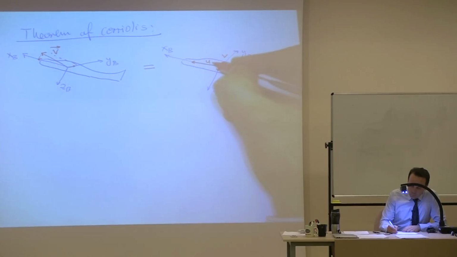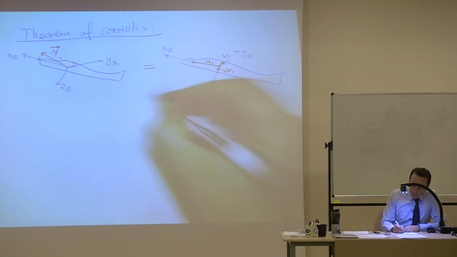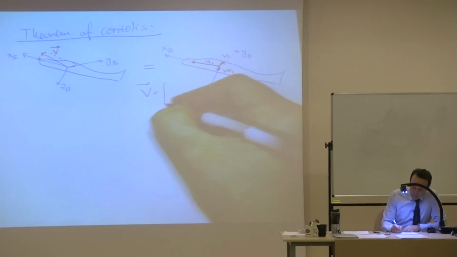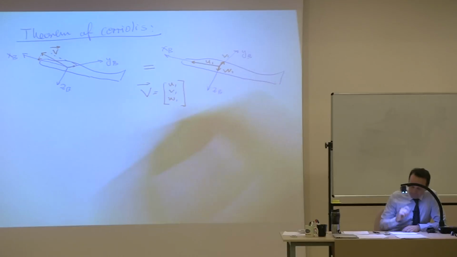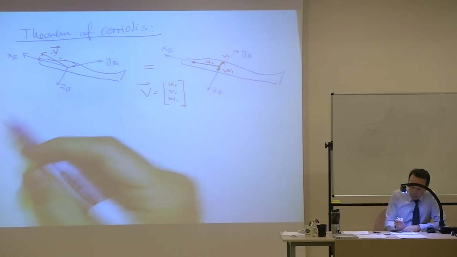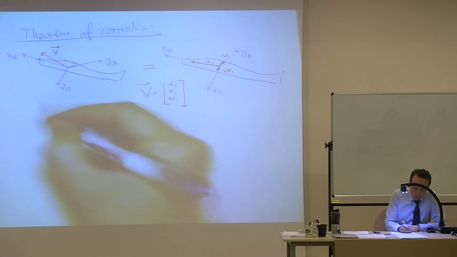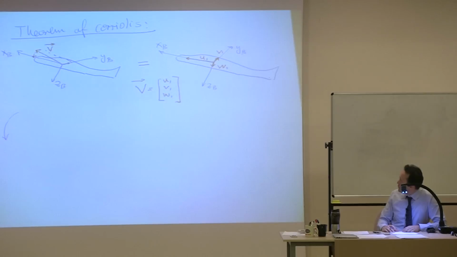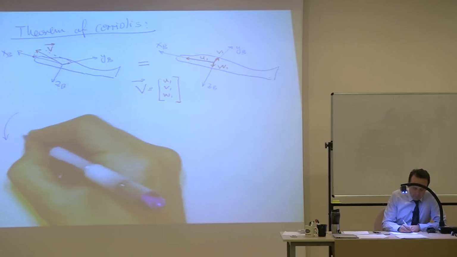Let's call this U1, V1, W1. So V is equal to U1, V1, W1. Okay? And let's say the airplane now is in a turn. It's turning a little bit. It keeps turning.